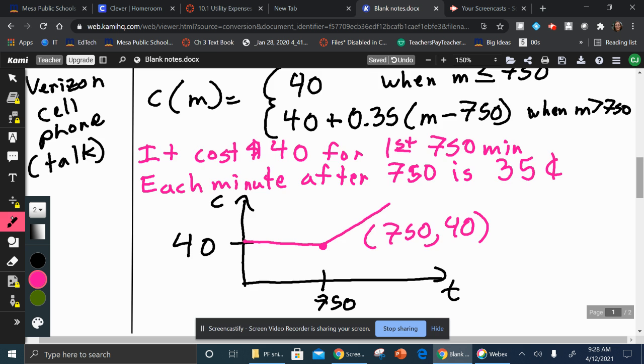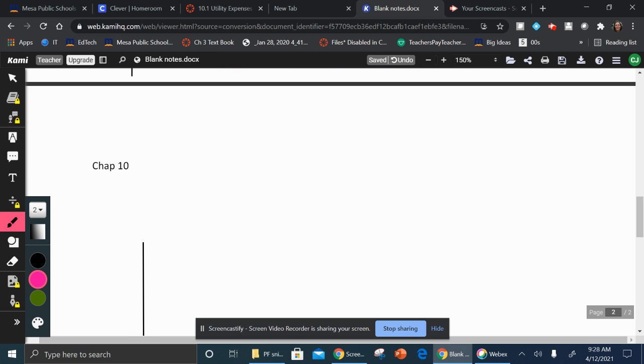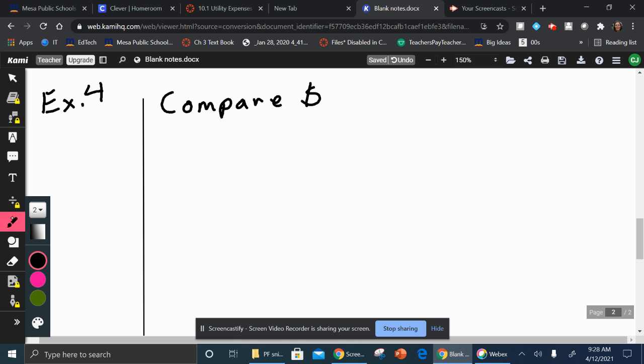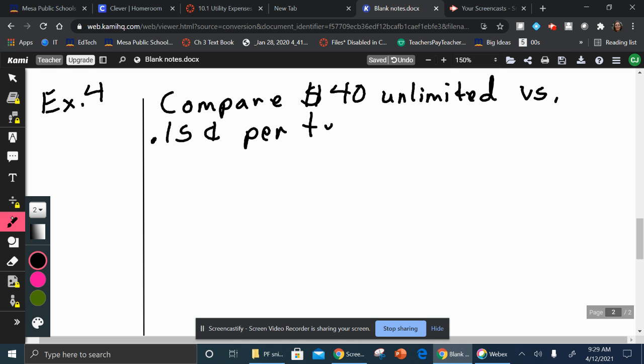Okay, what if we needed to compare utility plans, everybody? So in our book, this is example 4. What if we needed to compare our cell phone plans? There was a $40 unlimited plan versus 15 cents for text.